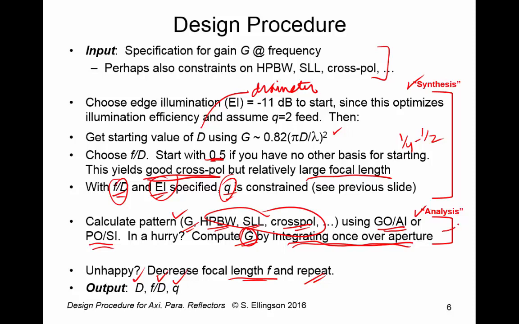Right? And then typically there is some iteration here. So you're unhappy with the result from the analysis, you change the design, you repeat the synthesis, you analyze again, and so on. So like most complex design problems, there can be some, and typically a lot, of iteration between these two things.